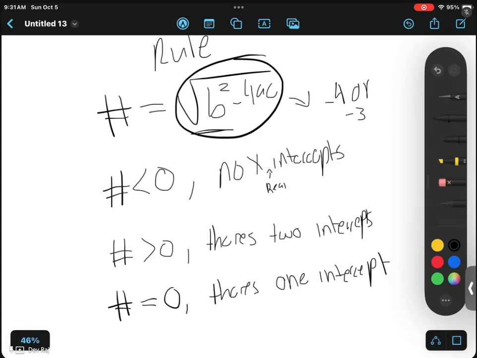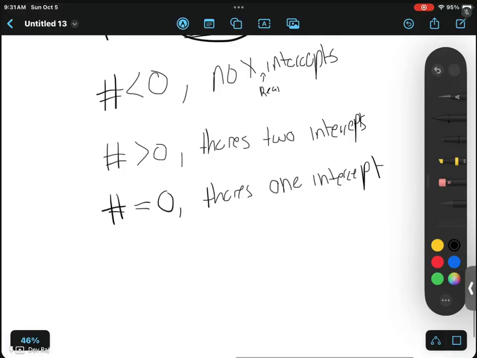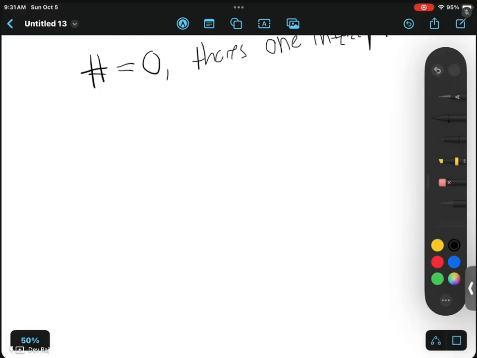You can't have less than 0 x values. More than 0 means you have more than 0. You have a definitive number of intercepts. So we could say, yeah, there's 2 intercepts. And if it's equal to 0, I like to think of it like it's on the line, right? So it only touches the intercept once.